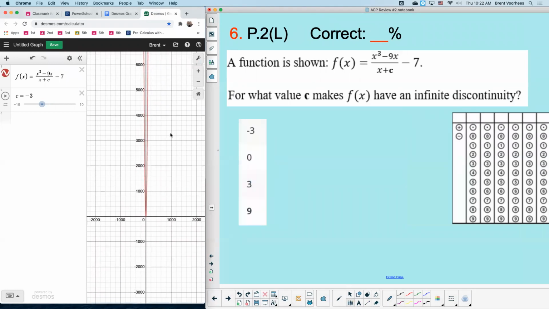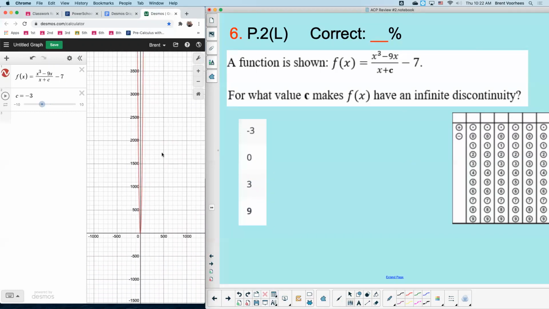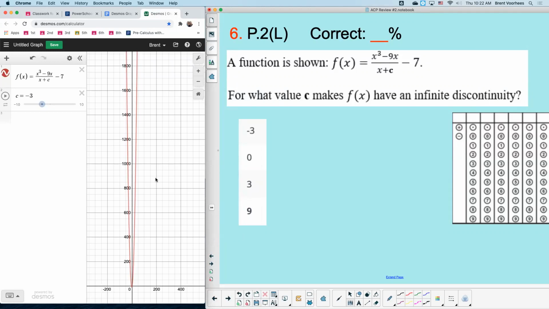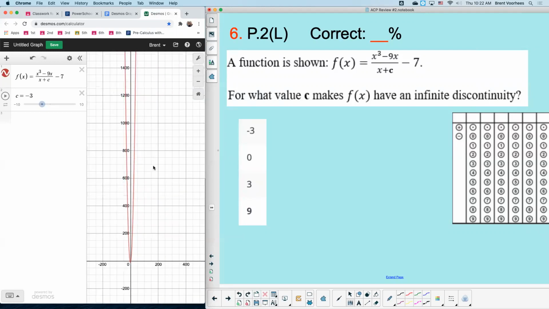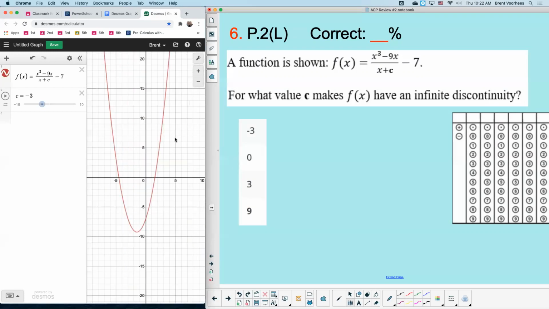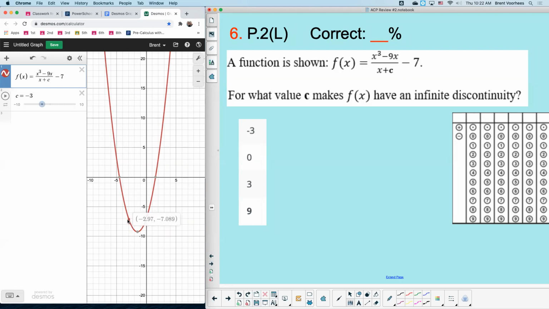Do you see any breaks there if c is a -3? Remember, infinite means it breaks and goes to negative infinity. So I don't see any there. Inside lies, so it actually would be at +3.